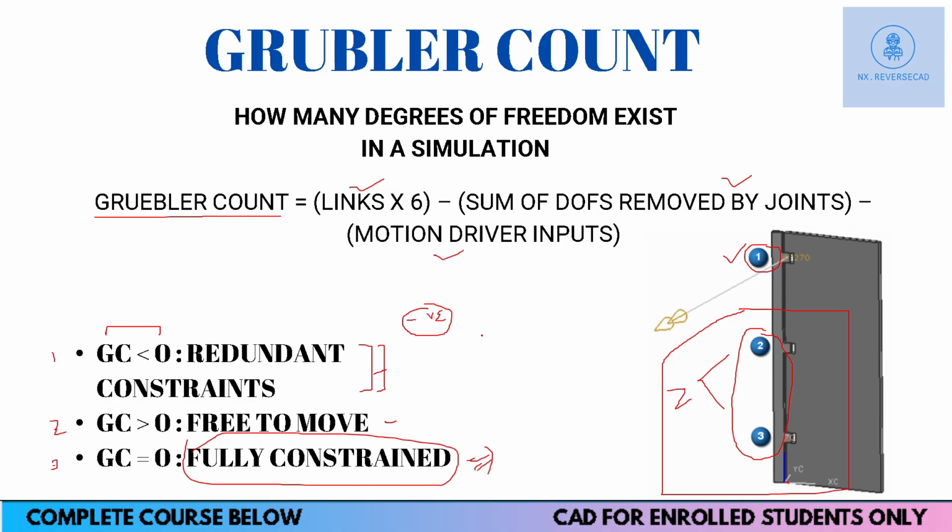So you don't need to worry about removing the extra constraint. You can depend on NX because it can remove the redundant constraints automatically. So we'll try to achieve Grubler count 0, but if you are not able to, then you don't have to worry. NX will automatically ignore this, right? Let's move forward.